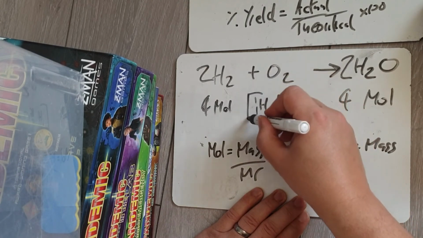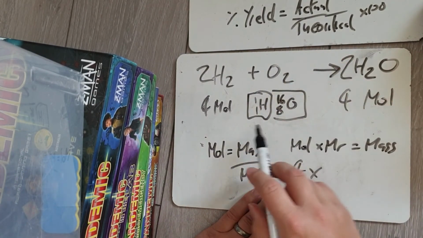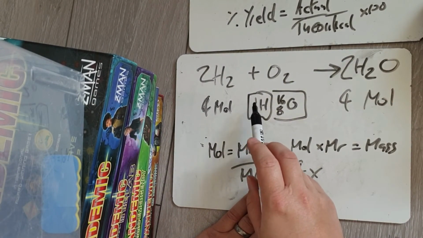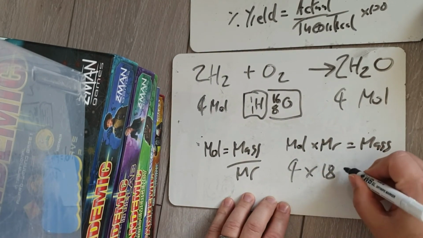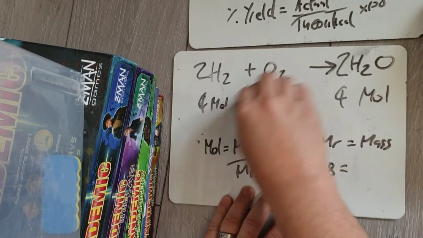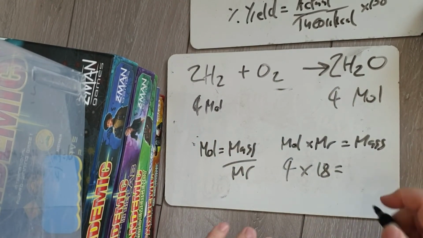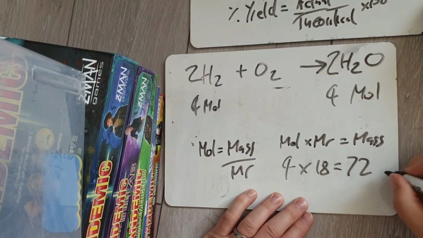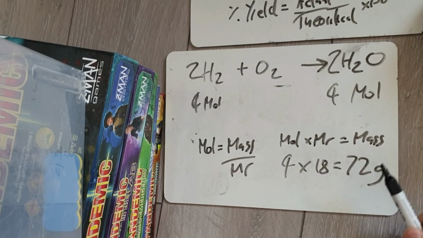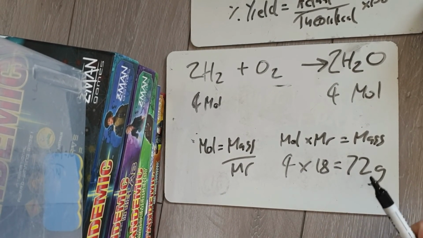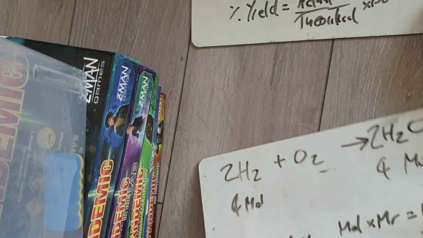So we've got 2 lots of 1. 1 plus 1 is 2, plus 16 is 18. So we've got 4 times 18, which I believe is 72. So we've got 72 grams. So the maximum theoretical yield is 72 grams.